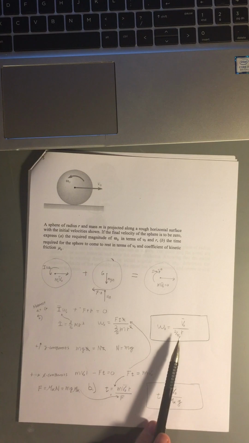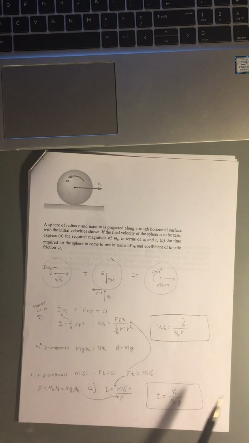So omega naught is equal to our initial velocity divided by 2/5 times the radius. Then for part B, the question wants us to find the time required for the sphere to come to rest in terms of v naught and our coefficient of kinetic friction, mu k.